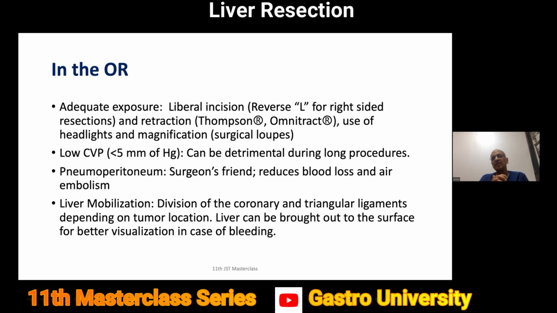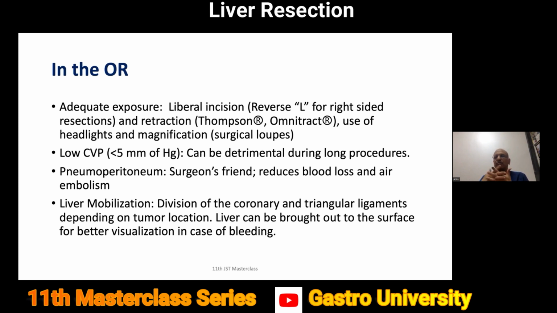It leads to ischemic injury, and you can have deranged LFTs, especially the enzymes, in the post-operative period. Lactates can go haywire. So don't really target a very low CVP. We don't even think about CVP these days during liver resections. Just try to maintain a normal CVP. It should not be high, but normal. Low CVP, I don't think it is really that helpful. It cannot replace meticulous surgery.